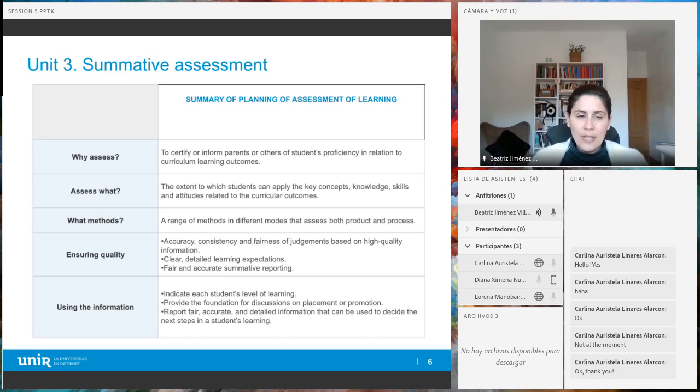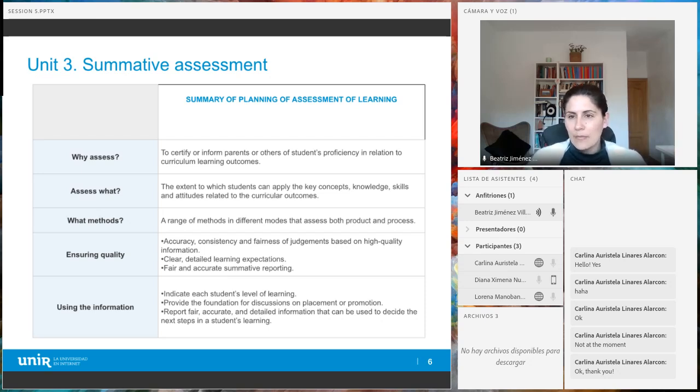So, what we have said already, we need to provide our students with the information on how, when, and what the process of assessment is going to be. They need to know, and they need to have that information before performing any task. Okay. Also, we'll ensure quality if we provide the students with clear, detailed learning expectations.